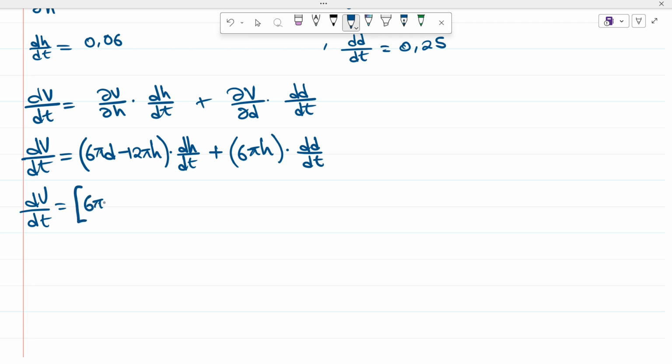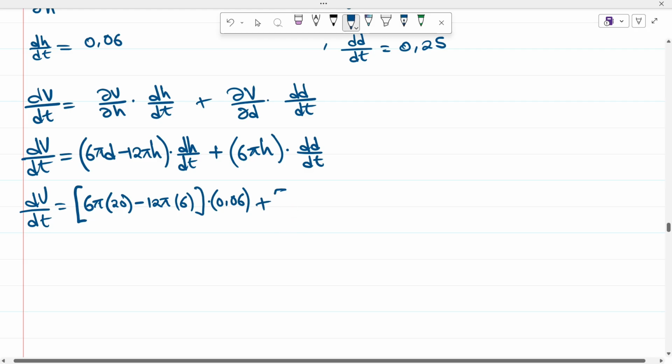So 6 pi of 20 minus 12 pi into 6, and then we close. Then dh/dt is 0.06. Then plus, again we substitute here.